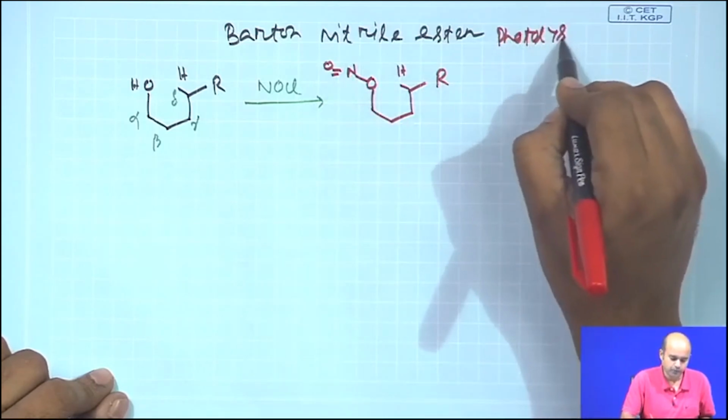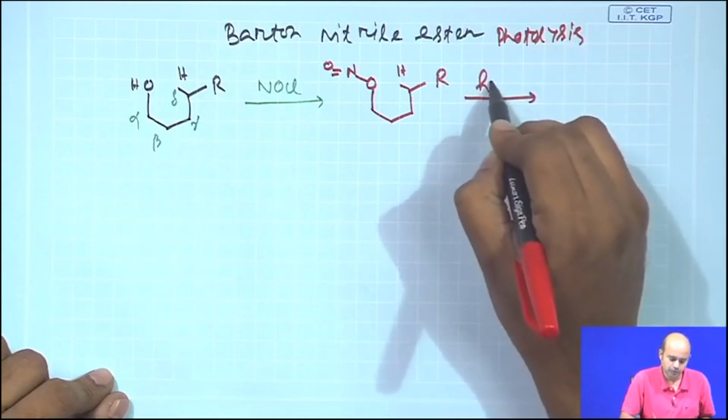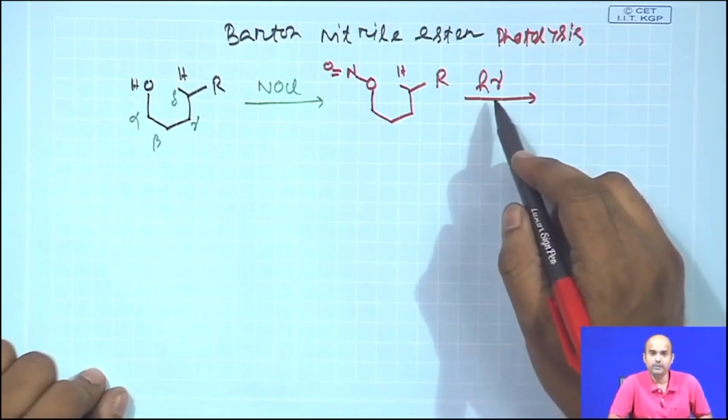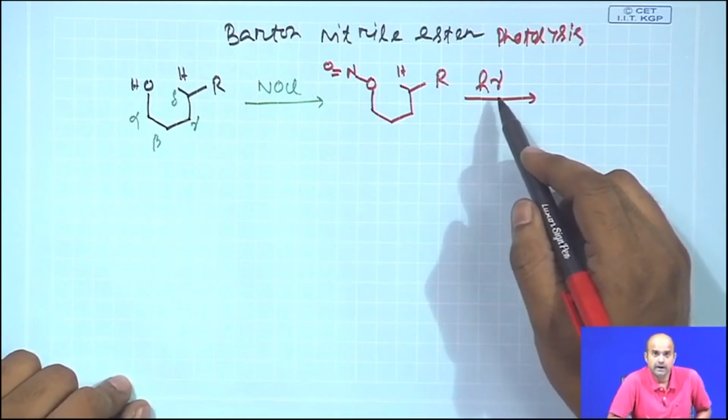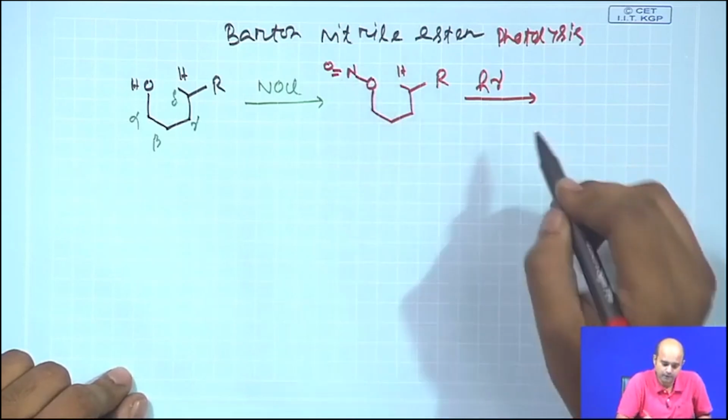As the name implies, photolysis means somewhere you have to use a photon source or light source. Now, this light will give you a homolytic cleavage of this O-N bond.